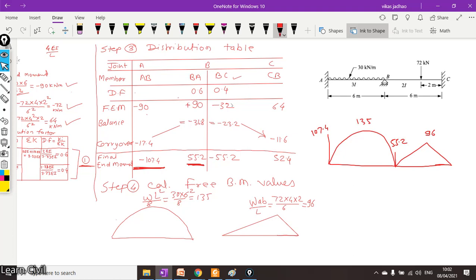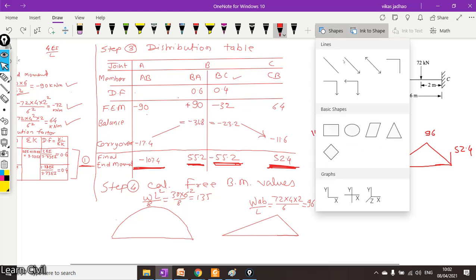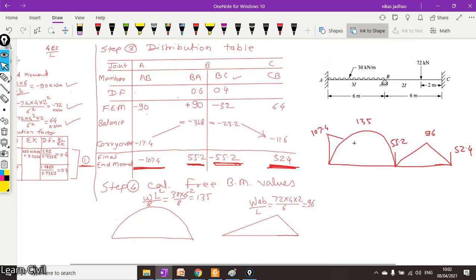Here again for BC we have minus 55.2, on the anti-clockwise face, which is already drawn, and for CB it is 52.4, so draw here 52.4. Join all these lines with a straight line like this.